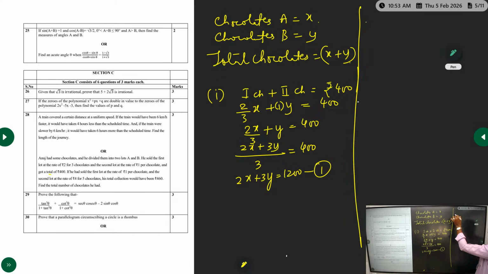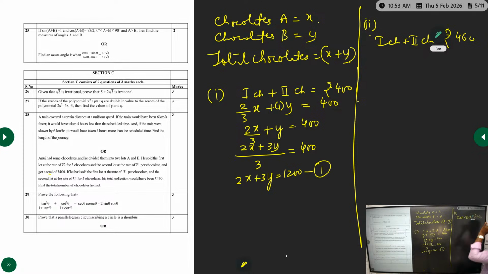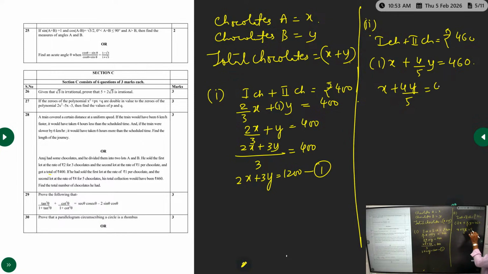In the same way, second condition. First chocolate plus second chocolate, total amount he got is ₹460. He sold the first lot at the rate of ₹1 into x, plus ₹4 for 5 chocolates, 4 by 5 y is equal to 460. x plus 4y by 5 is equal to 460.